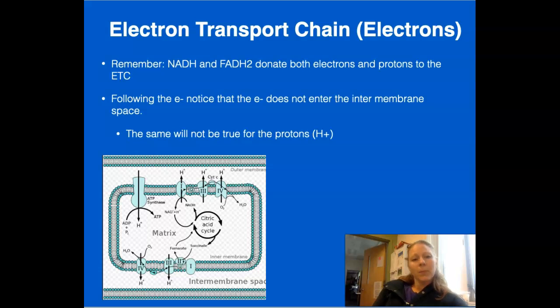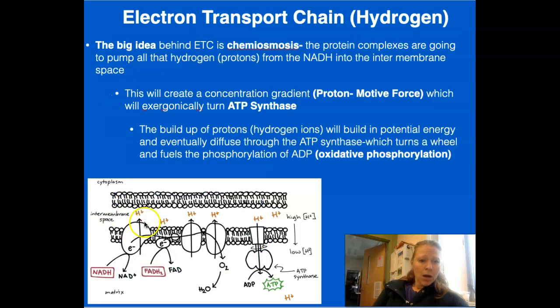So here, let's look. Remember that NADH and FADH donate both electrons and protons to the electron transport chain. Notice that the electrons stay within the membrane, whereas the hydrogen ions are going to be pumped into the intermembrane space. Here's our 1, 2, 3, 4 proteins, just a different view.